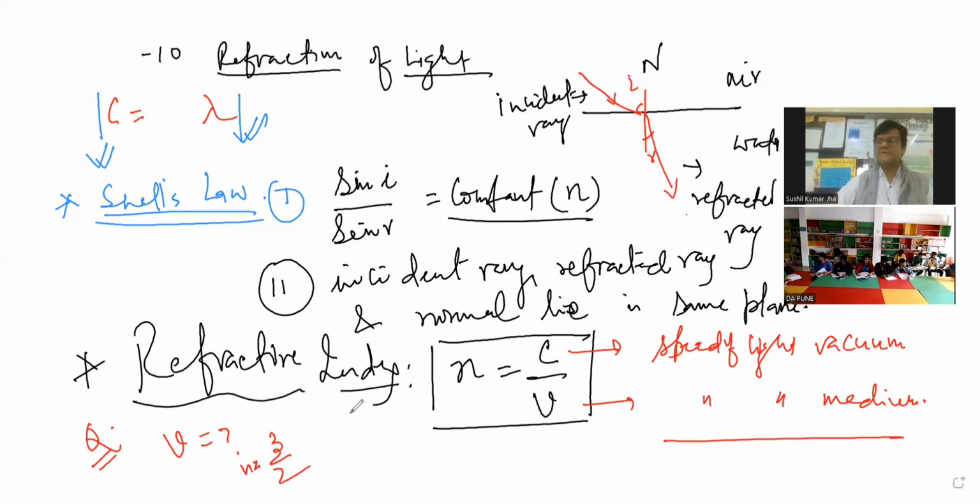Sir, can you repeat? Find the speed of light in a medium having refractive index 3/2.